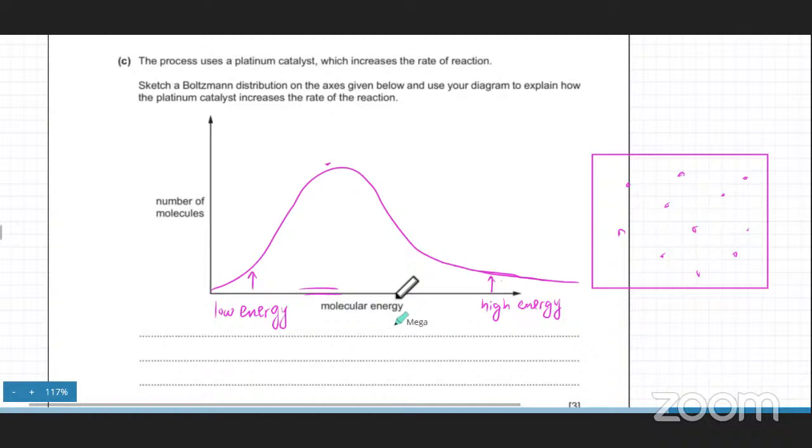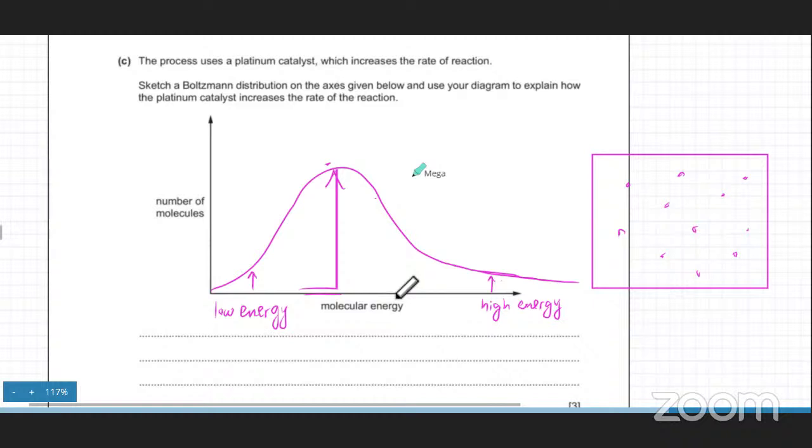The height of the graph would be very low. Most of the particles have energy that's close to average energy. Most of the particles in a container or in a room would be around the average energy of the container. For example, if the room is 25 degrees centigrade, then most of the particles would have 25 degrees centigrade.